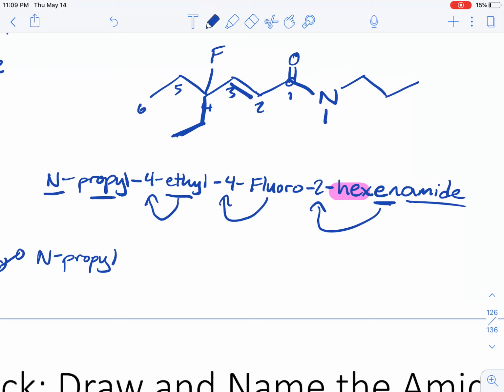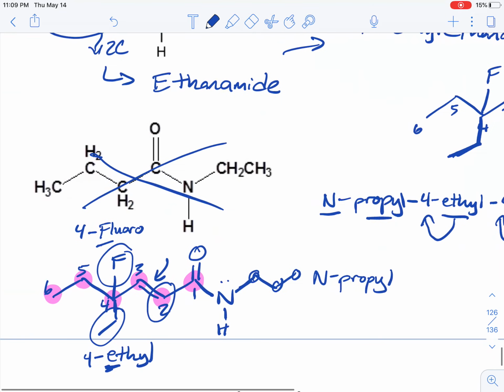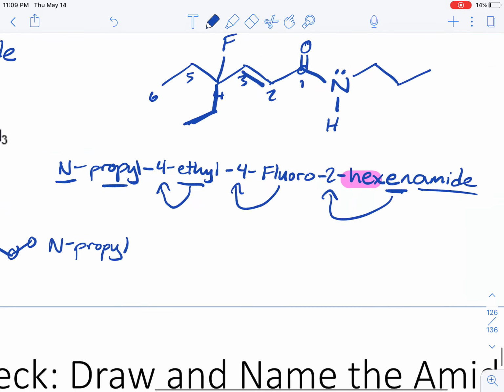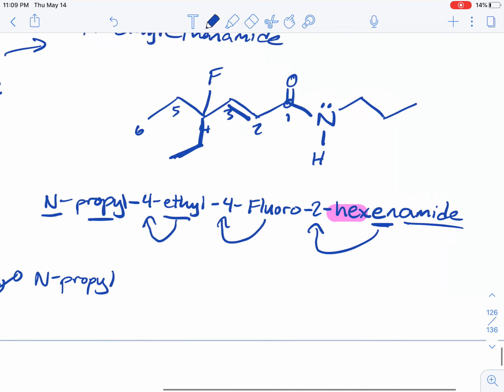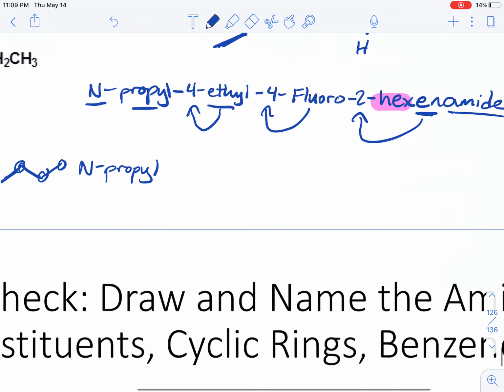That means I need 1 hydrogen and a lone pair. Okay. And that's going to be the organic structure for this specific compound. Notice it should be very similar to the original. But hopefully you're picking up the pattern on how to convert the name to its structure.